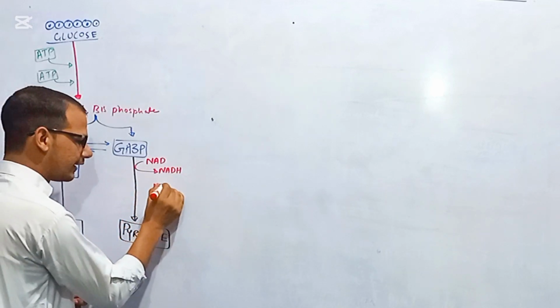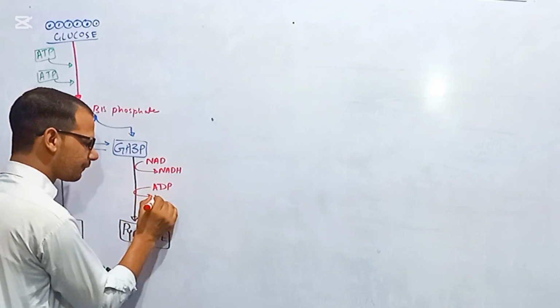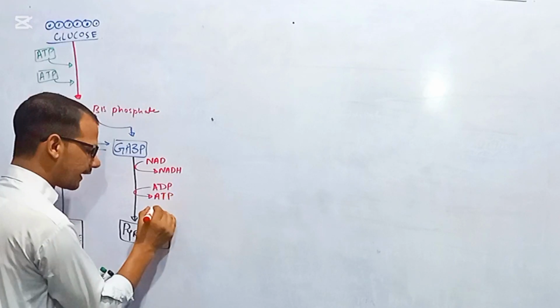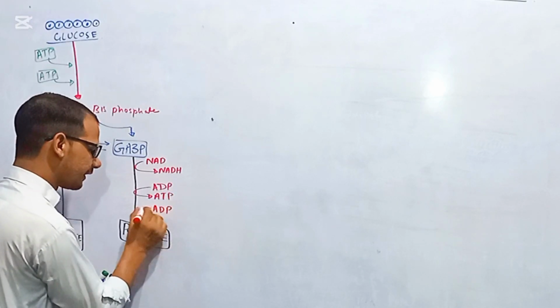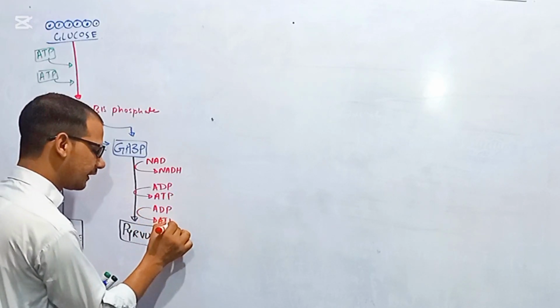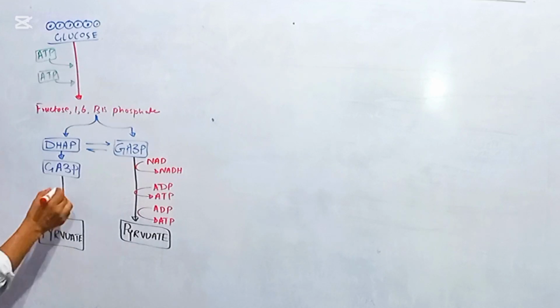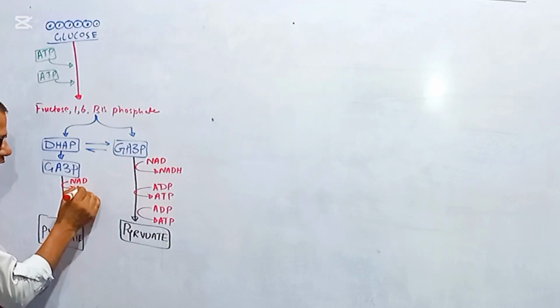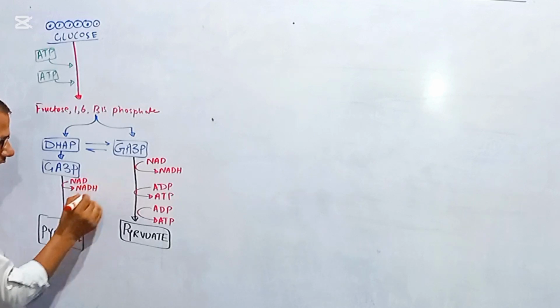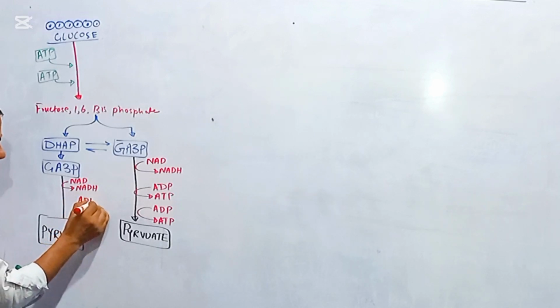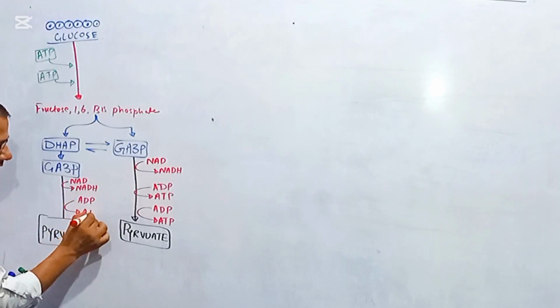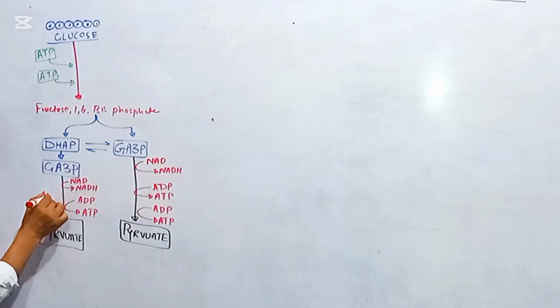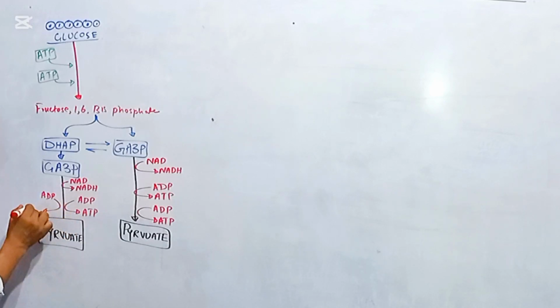Here one ADP is converted into ATP, and another ADP is converted into ATP, right? Here also one NAD is converted into NADH, one ADP is converted into ATP, and here also one ADP is converted into ATP, right?